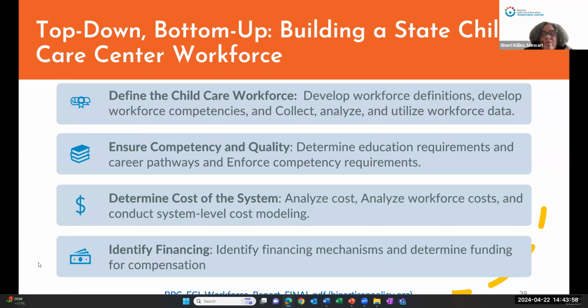And so there have to be funding mechanisms, not only for the training and the development, but funding mechanisms for compensation.